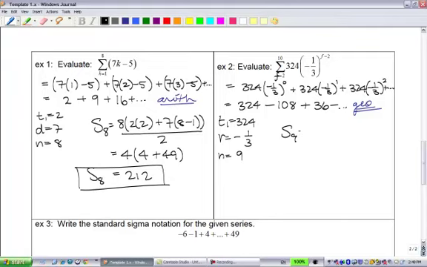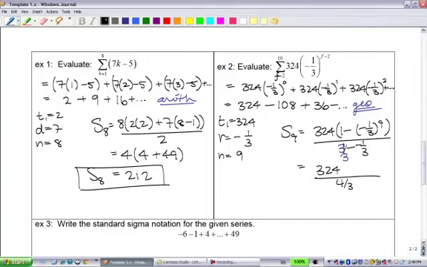So S sub 9 is term 1, 1 minus a negative third to the power 9, over 1 minus a negative third. Let me change that 1 to a 3/3, seeing as we're going to have common fractions here, common denominators. 324, that's 4/3 on the denominator.